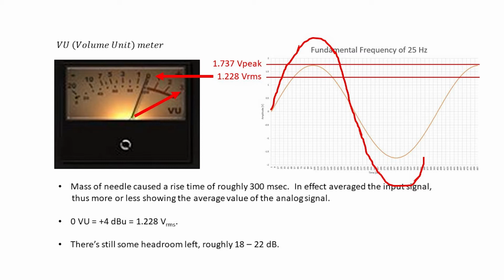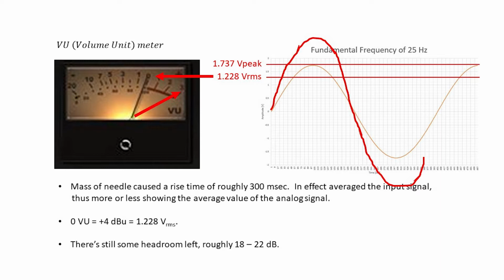There is roughly 18 to 22 dB of headroom above that, and this was more on the analog console or the analog equipment. Your average signal, you wanted to be around 0, and your 18 to 22 dB of headroom was really to take into account any of the transients.